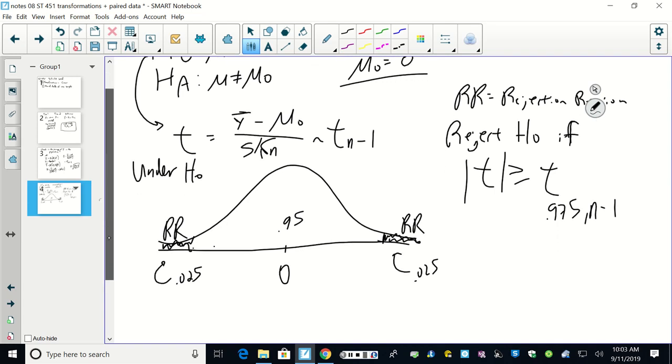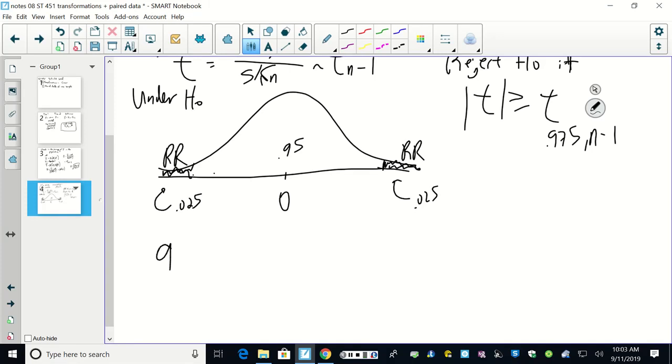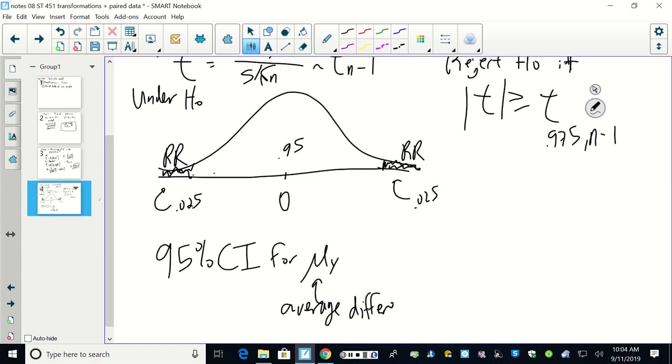The other way you could do a 95% confidence interval for the average value, put a little y here, average difference, to emphasize what it is. And it ends up being centered at y bar, plus or minus a certain t multiple, and then the estimate of the standard error, s over the square root of n.